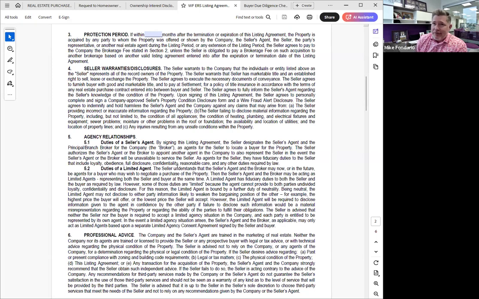The seller agrees to indemnify and hold harmless the seller's agent and the company against any claims that may arise from A, the seller's property, including, but not limited to, the condition of all appliances, the condition of heating, plumbing, and electrical fixtures and equipment, sewer problems, moisture, or any other problems in the roof or foundation, the availability and location of utilities and the location of the property lines, and any injuries resulting from any unsafe conditions within the property. Those are pretty big guarantees and disclosures.